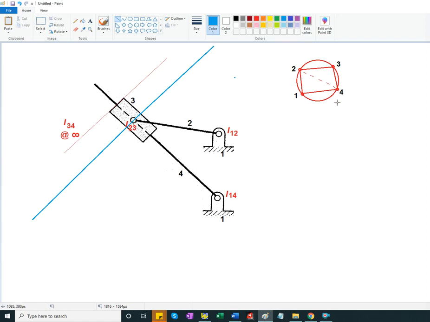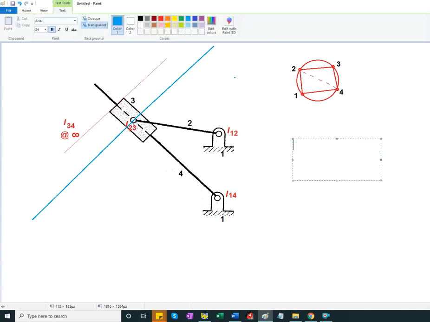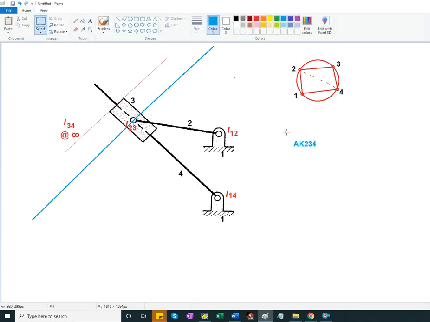then the other Kennedy line. So this was 2, 3, 4. Let me even say 2, 3, 4. And then so this was 1, and then the other Kennedy line would be 1, 2, 4.